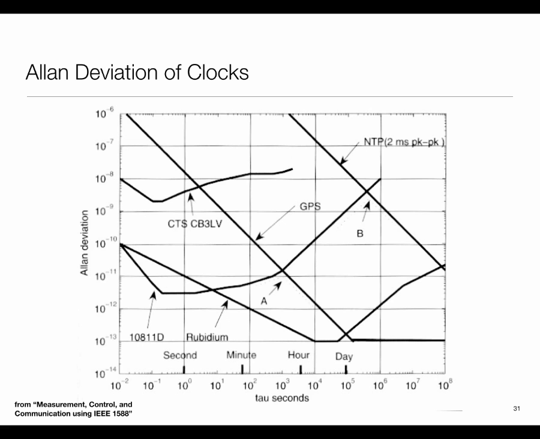For example, this particular clock is short-term stable, but it begins to get bad at long term. Whereas NTP seems to have long-term stability but short-term instability. So when selecting a clock, it becomes quite important, when you talk about stability, what time horizon you are talking about.